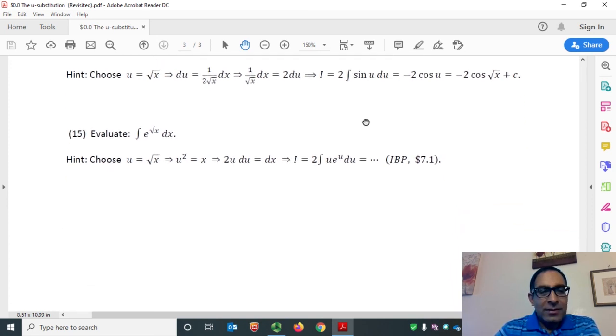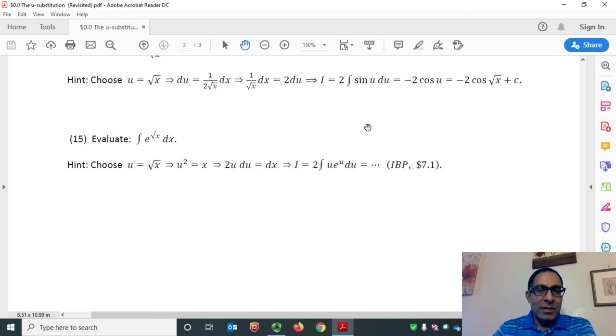Now the last example for today's class, let's evaluate the integration of e to the power radical x dx. So now I have only one choice here. Let's put u equals radical x. Then square both sides. Then u square equals simply x. Take the derivative.